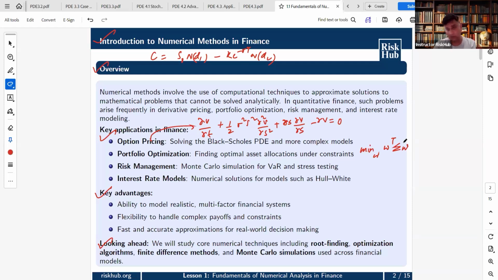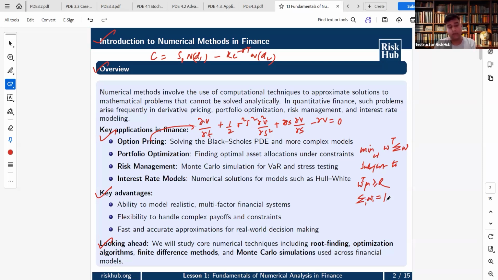Basically minimize w transpose sigma w, subject to portfolio expected return being at least R, and all portfolio weights summing to 1.